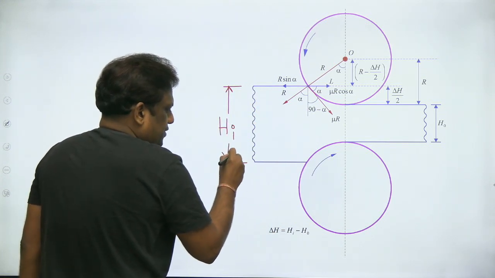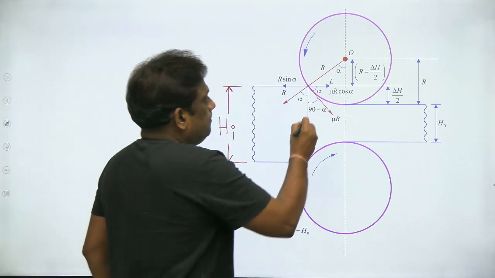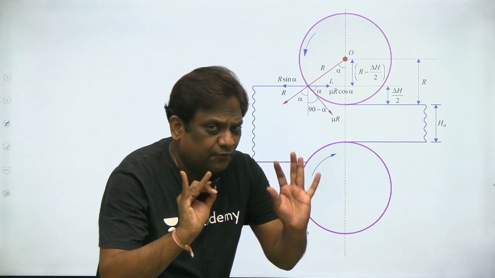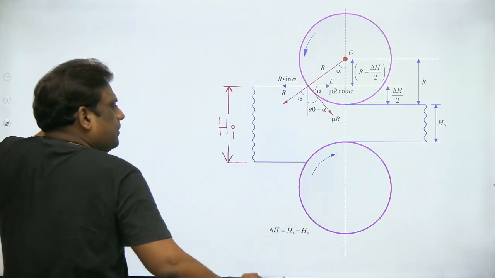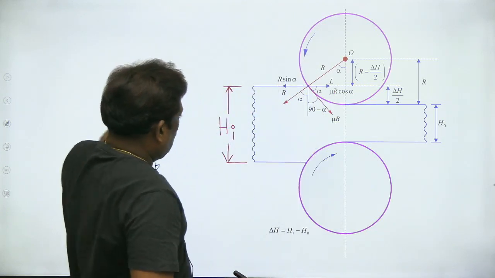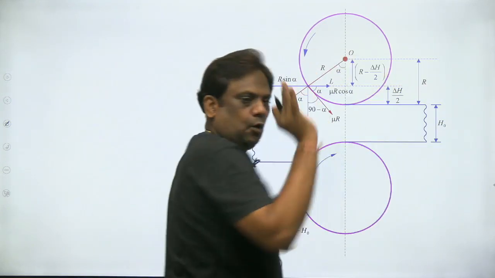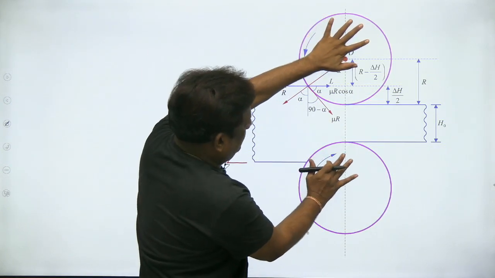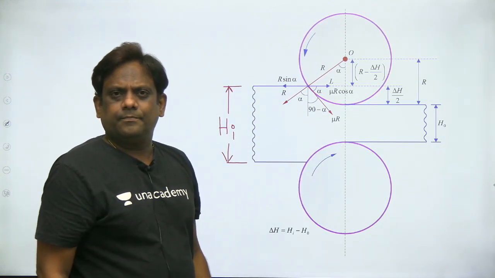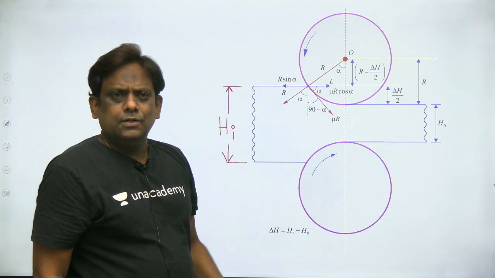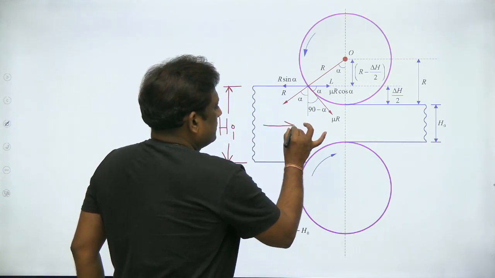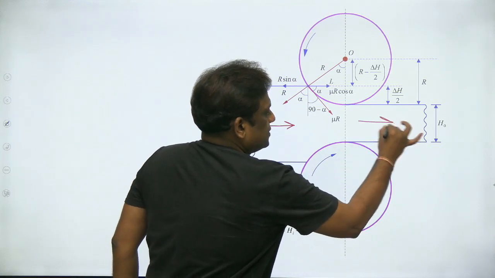Please understand carefully. I am neither applying a pushing force nor a pulling force. मैं कोई इसको पुश नहीं कर रहा हूं या पुल कर रहा हूं. Now the material is flowing between the rolls. So how it is moving in this direction is to be understood first.